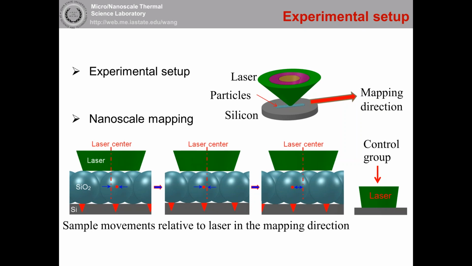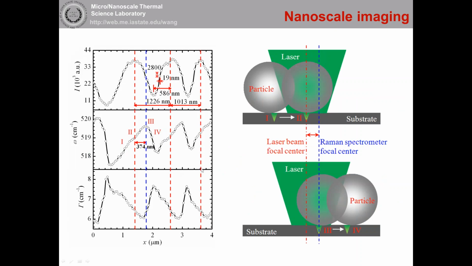What we do is scan the sample under the Raman laser, from left to right, to see how the Raman intensity, the Raman shift, and the line width change when we shift the sample in space. The first time we obtained this result, we were really excited. The laser focus with a 20x objective lens is basically a few microns, not small, but it's very interesting.